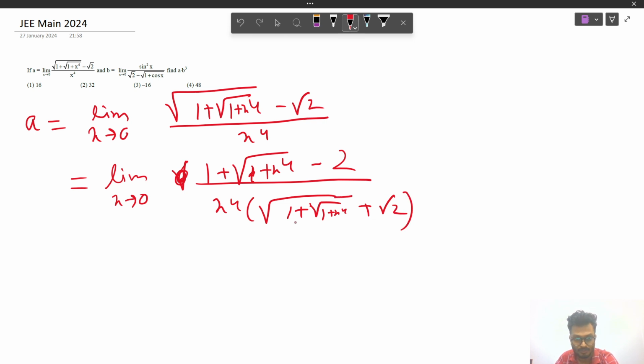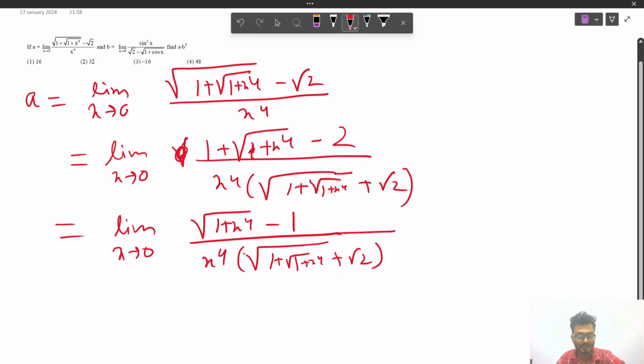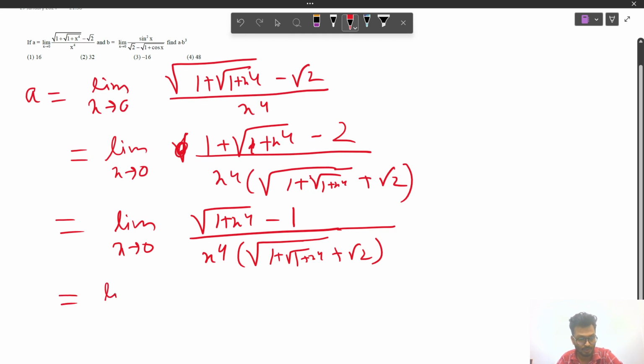So here we just multiply the denominator and numerator by this term, right? So equals the limit as x tends to 0; this is nothing but root over (1 plus x to the power 4) minus 1, and the denominator root over (1 plus root over (1 plus x to the power 4)) plus root 2, right?